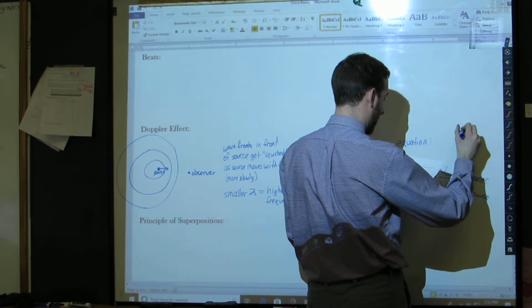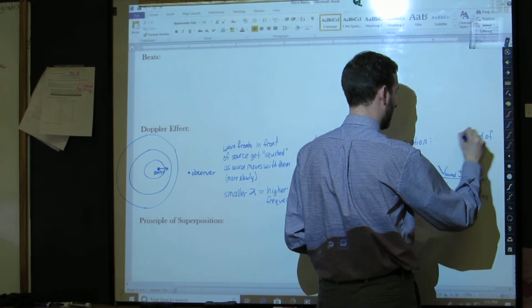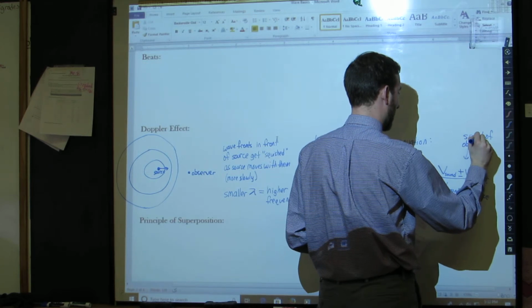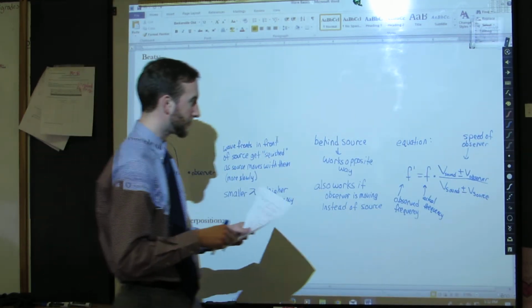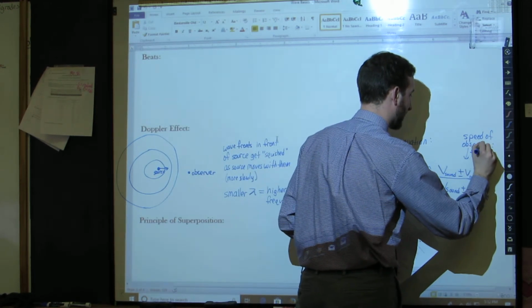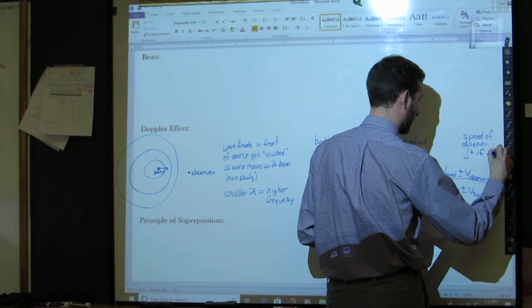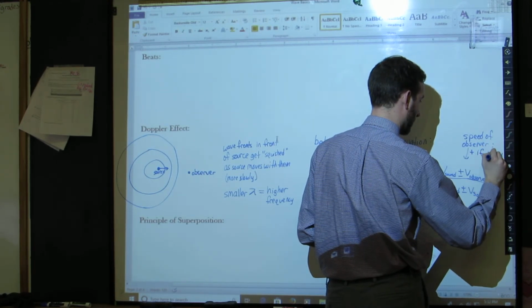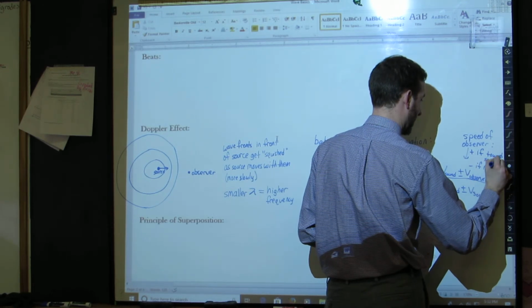So, on the top, we think about the speed of the observer. In the little demonstration there, that was a little microphone, speed of the observer. We use on top a plus if he's moving towards the source, and a negative if moving away.